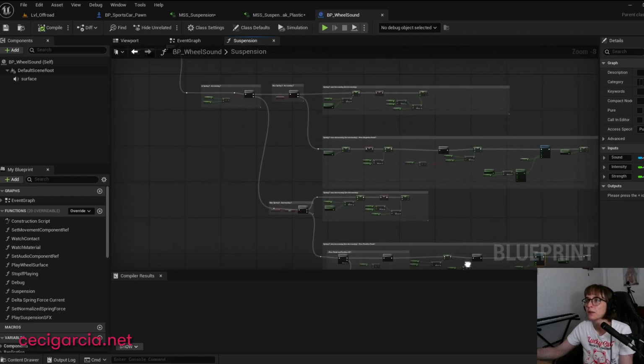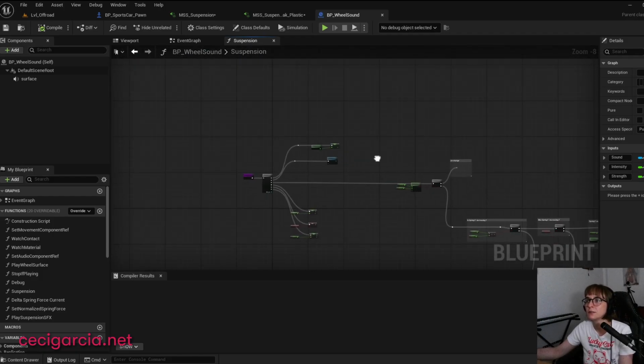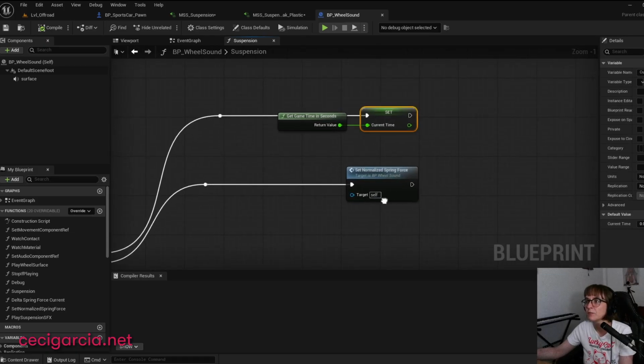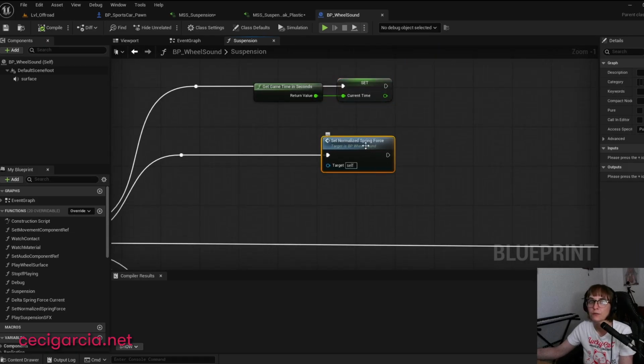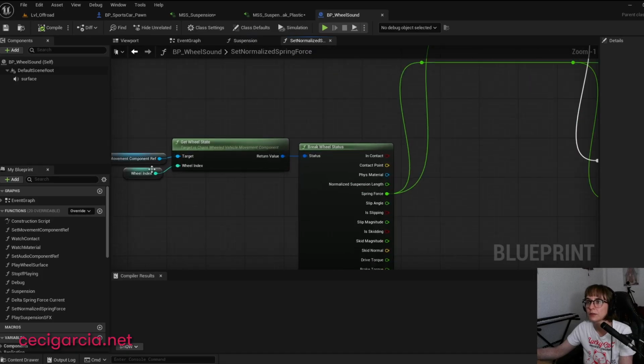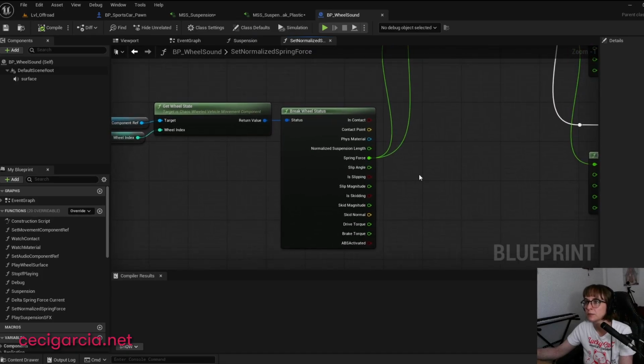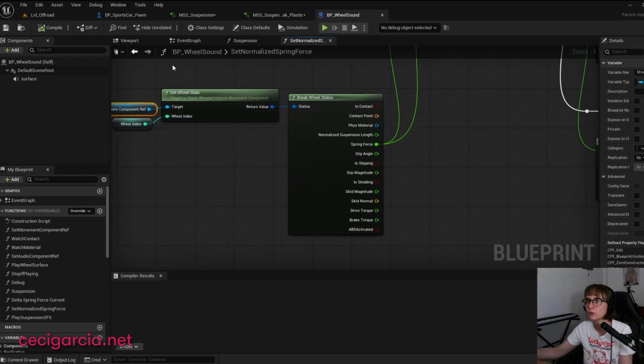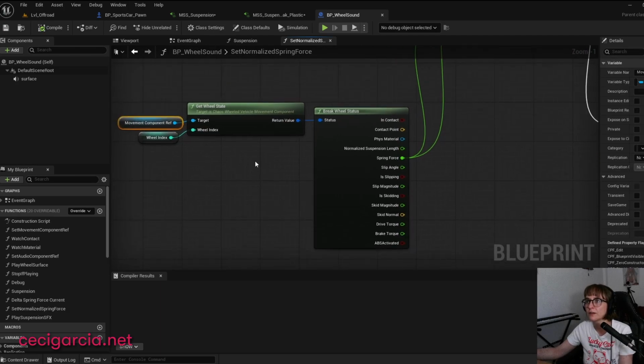Okay, so first I save the current time and the spring force, which comes from the vehicle component. I have here the reference, which is also used for other wheel sounds that I showed in other videos, because this is the same blueprint.